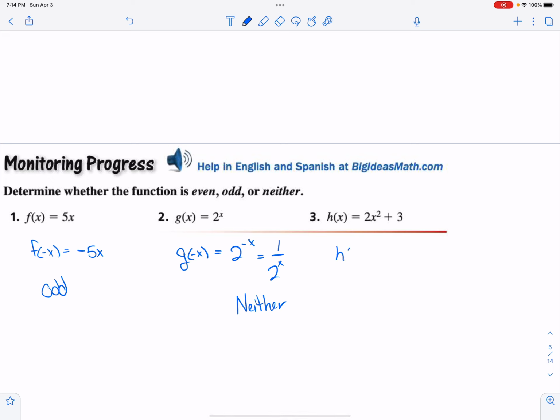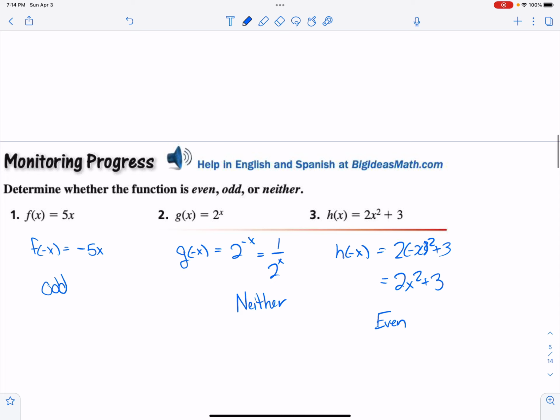And then our last one here does not change. This function's even. So again, that helps you with even, odd, or neither.